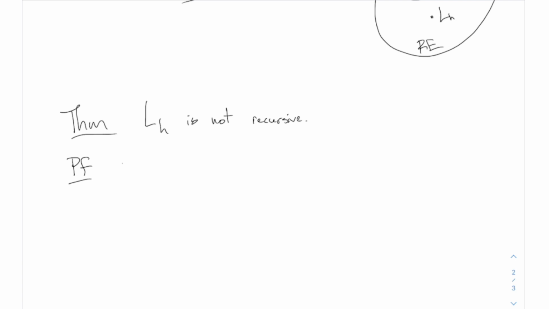Anyway, what we're going to do is you basically have to do some kind of a proof by contradiction. So I will say, to get a contradiction, we're going to assume that it is recursive. Assume LH is recursive.